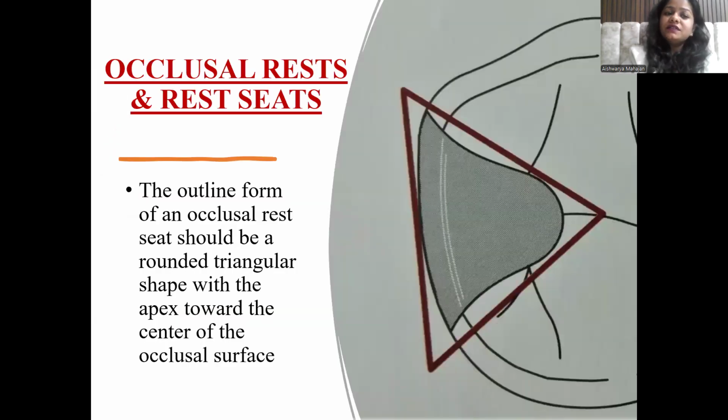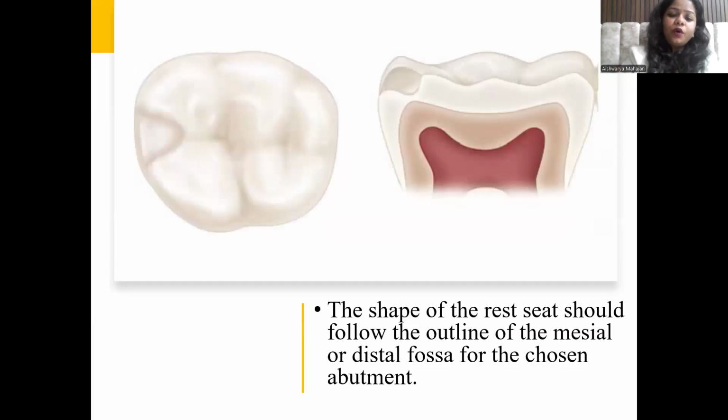Now, starting with the first type, that is the occlusal rest and rest seat. The shape of this should be triangular, with a rounded apex and the apex directed towards the center of the occlusal surface, as we can appreciate in the diagram. The shape of the rest should follow the outline of the mesial or distal fossa which has been chosen in the abutment.